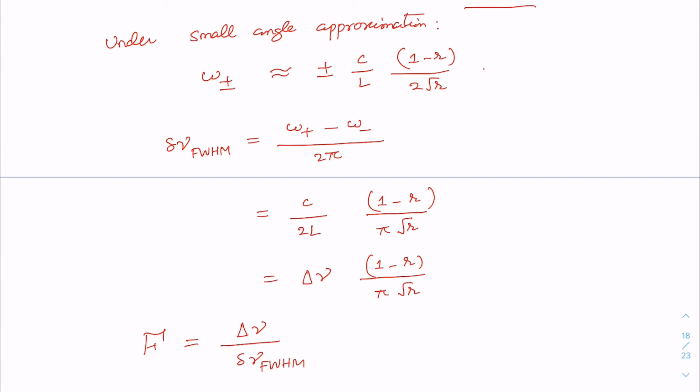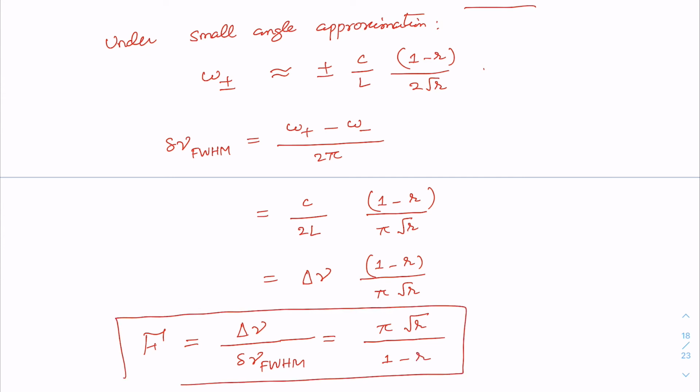So from here we immediately get an expression for the finesse for this planar cavity when both the mirrors have reflectivity R. Okay, so this is an important quantity.